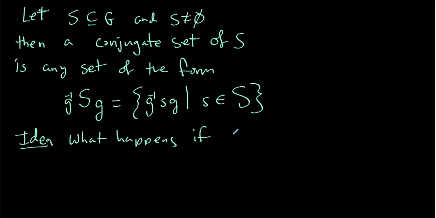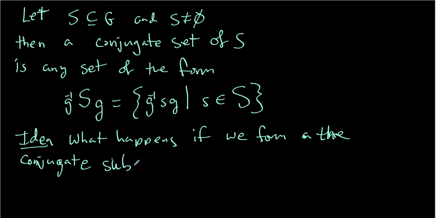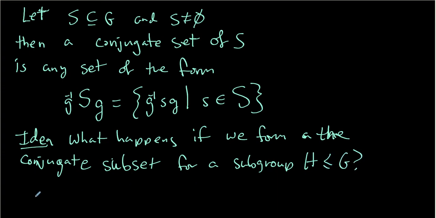What happens if we form the conjugate subset for a subgroup H of G? Well, let's actually look at an example.